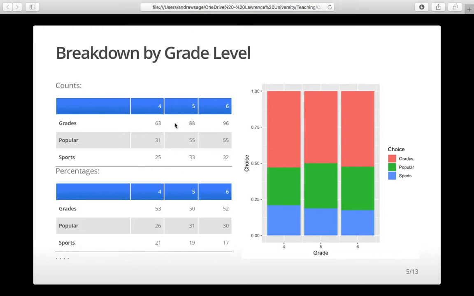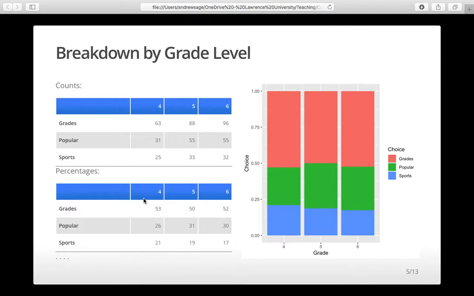For 5th graders, the numbers were 88, 55, and 33, and for 6th graders, 96, 55, and 32. Because we have different numbers of students in each grade, it's hard to compare those numbers directly, so it's more useful to look at percentages, which are shown in the lower table.